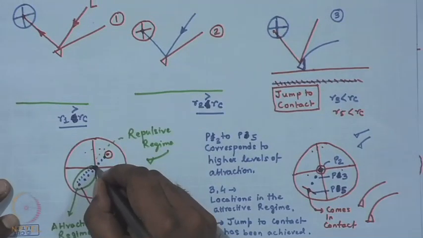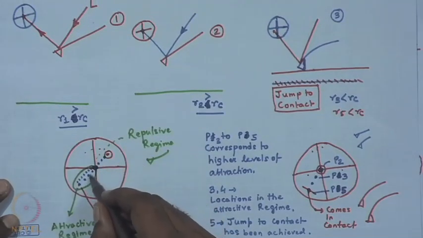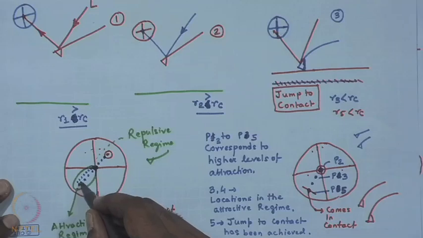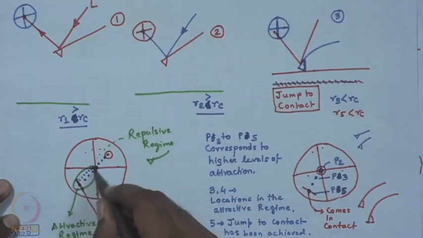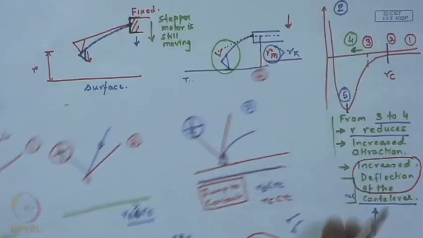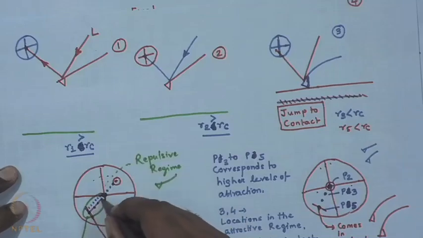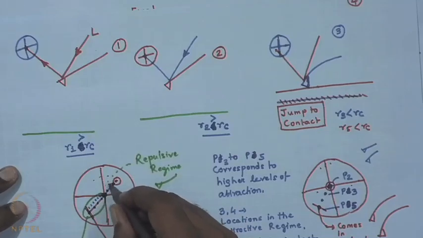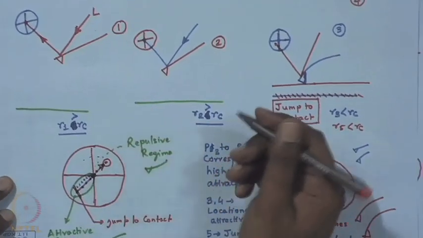So, after alignment it was over here, then due to attraction it drifted in this direction. This corresponds to the jump in contact, the maximum deviation in the negative direction, and then since you now start traversing this part of the potential curve, it follows back the same path, and then finally, when it matches the set point, it stops.